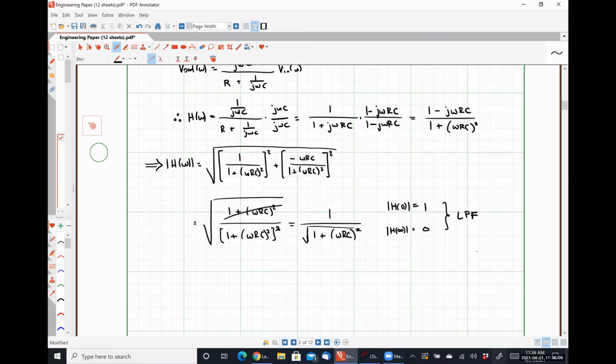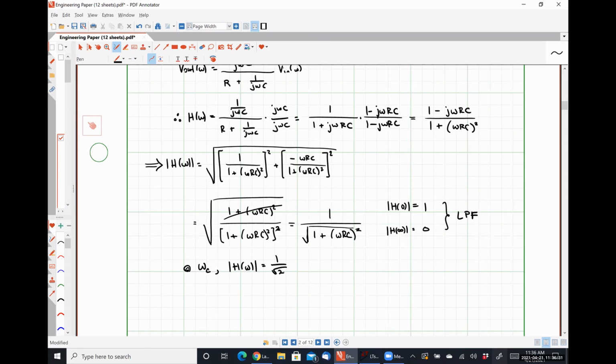So at omega c, the amplitude of H of omega has to be equal to 1 over the square root of 2.